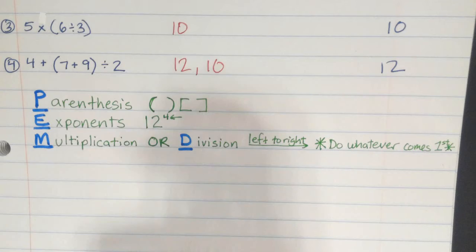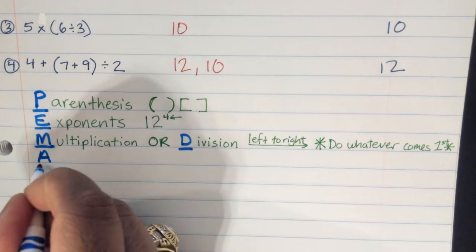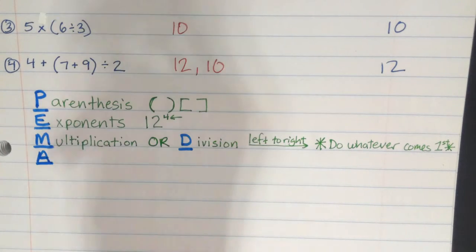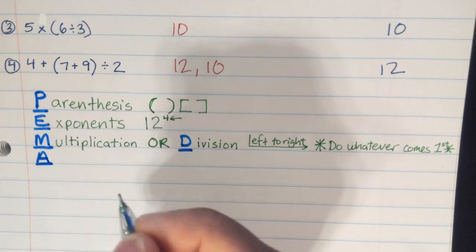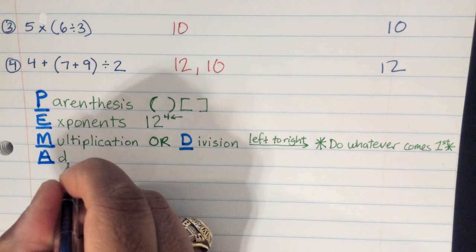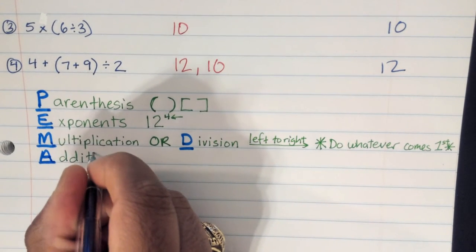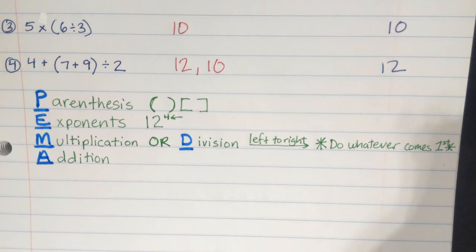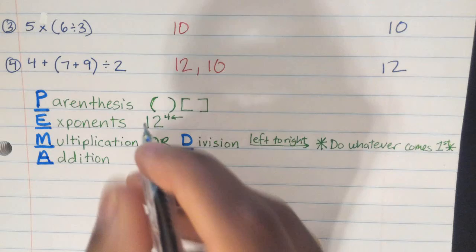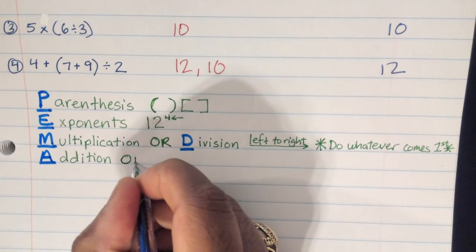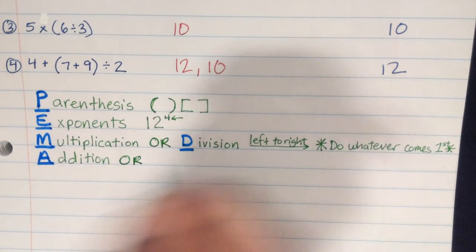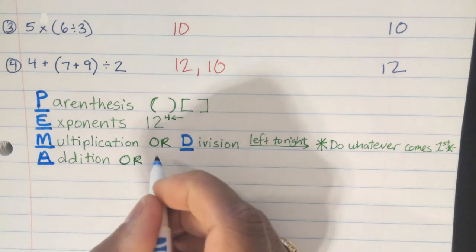The next one is addition or subtraction, and that's also, again, left to right, whatever comes first. Now for addition or subtraction, again, that's after we do all our multiplying or dividing problems.